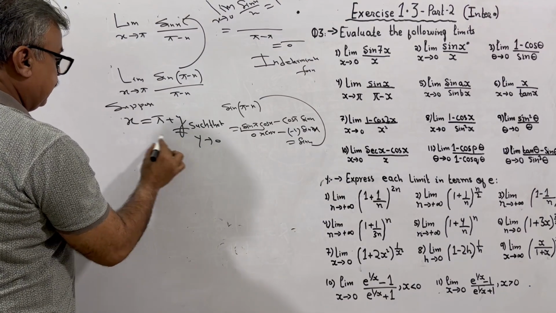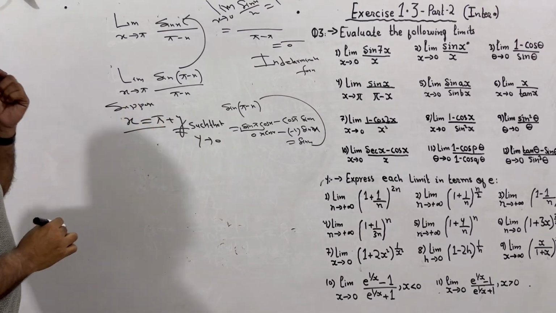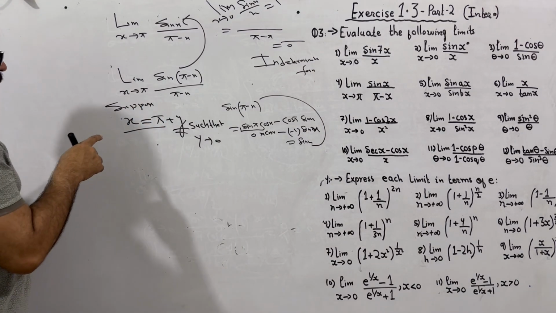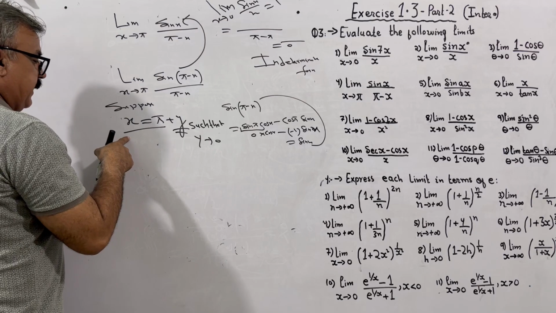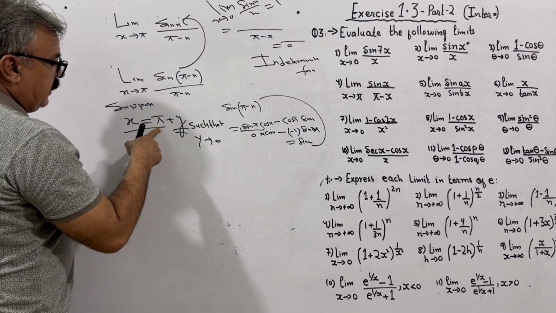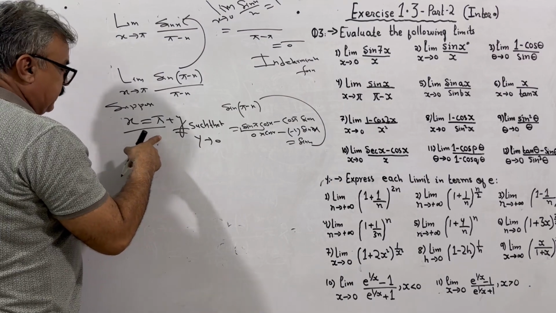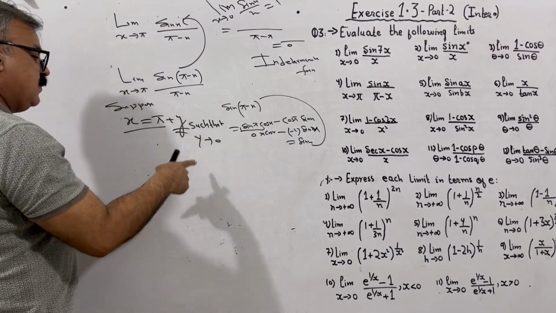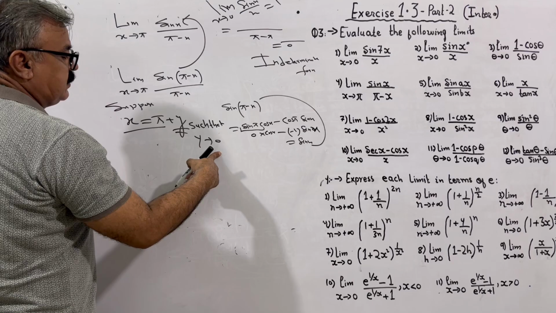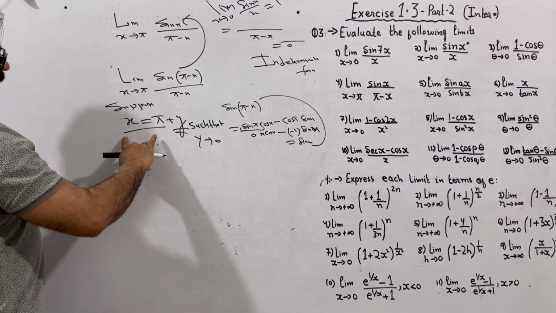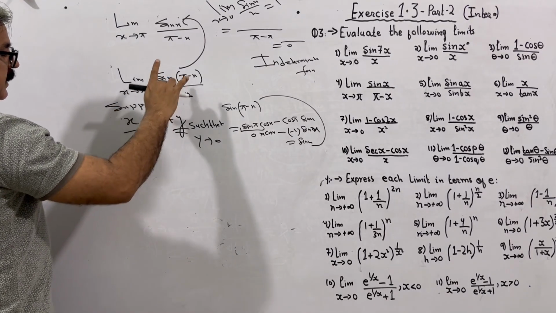In the case of a limit, old variable is equal to limit plus new variable such that the new variable tends to 0. If y is 0, then x tends to pi, same, x is equal to pi.